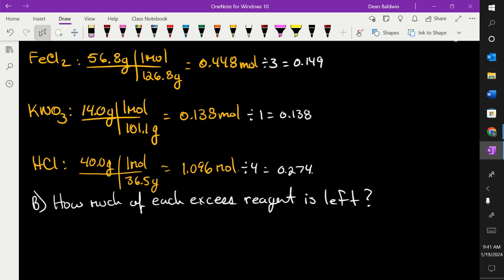So in this case, it's potassium nitrate. Therefore, this is limiting. So that determines how much product we're going to get. Because when I say limiting, what do I mean? If it's the limiting reagent, what happens to it in the reaction? It all gets used up. Okay, so that's what determines how much product we're going to get.